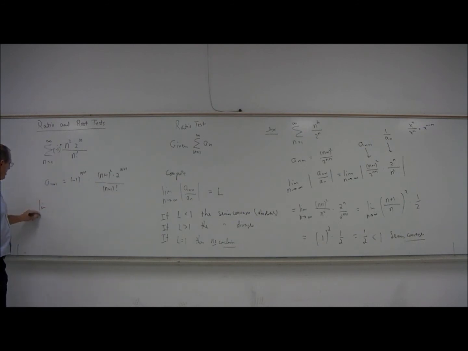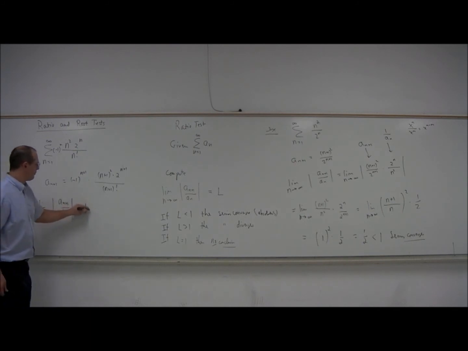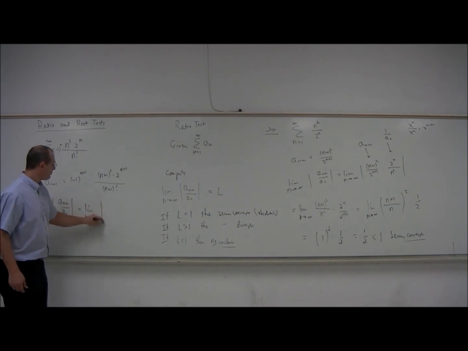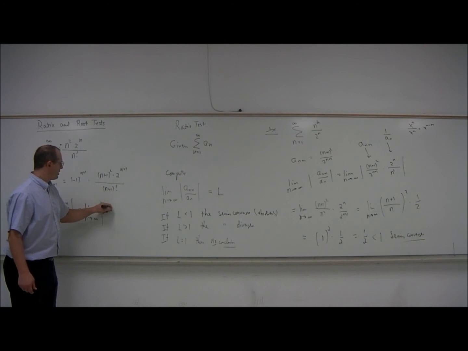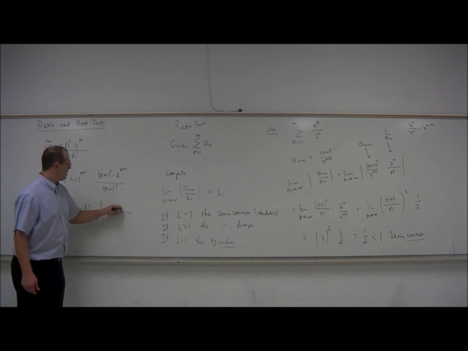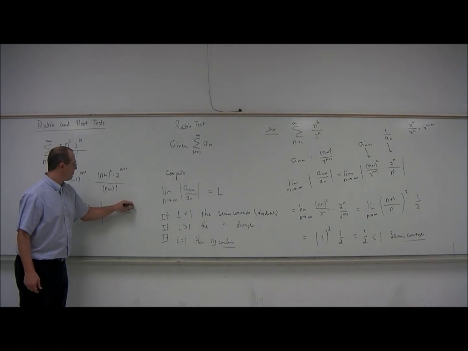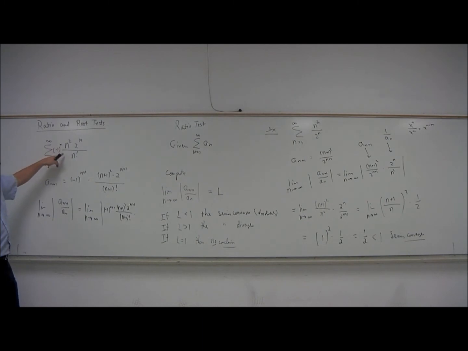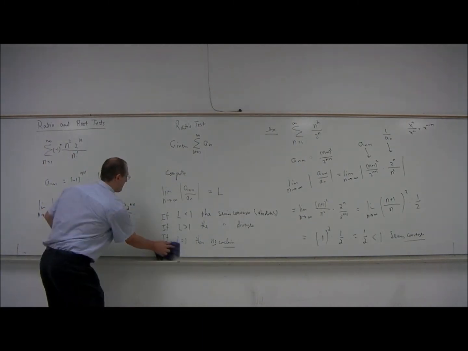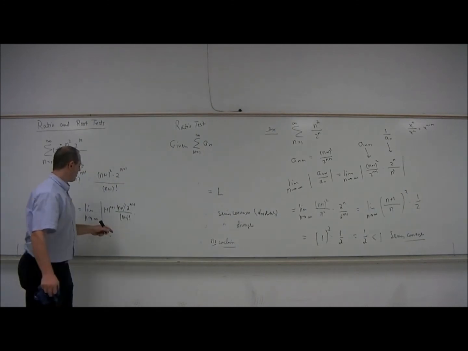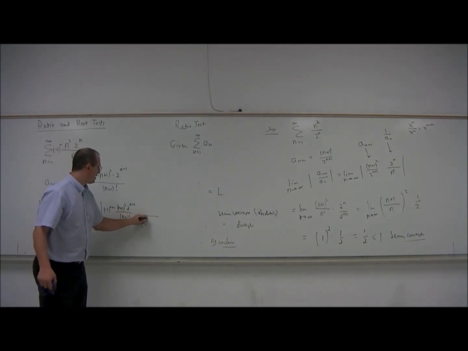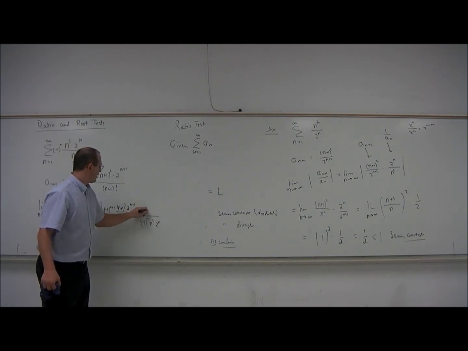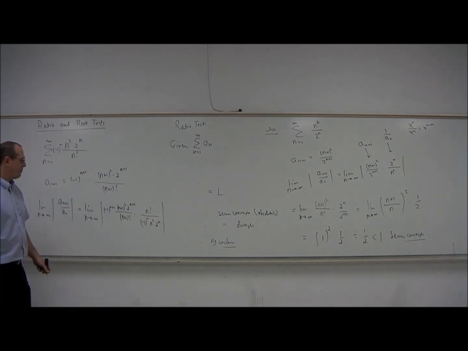And the limit as n goes to infinity of the absolute value of a sub n plus 1 over a sub n is equal to the limit of negative 1 to the n plus 1, n plus 1 squared, 2 to the n plus 1 over n plus 1 factorial, and then times the reciprocal of a sub n here. The reciprocal of a sub n, I'll put the negative 1 to the n on the bottom, and then we have n squared times 2 to the n and n factorial on the top.